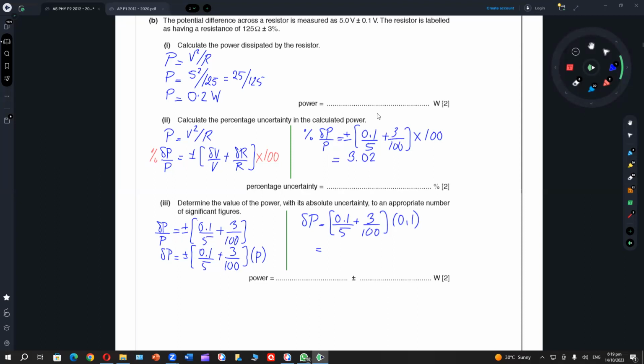Check the previous answer also. 0.023. But no one has given the previous answer. Only one student gave me 3.02. Double check that answer. And this answer is being suggested at 0.023.